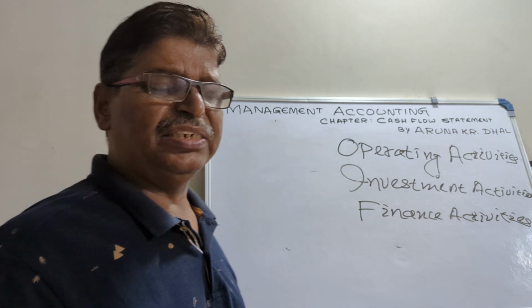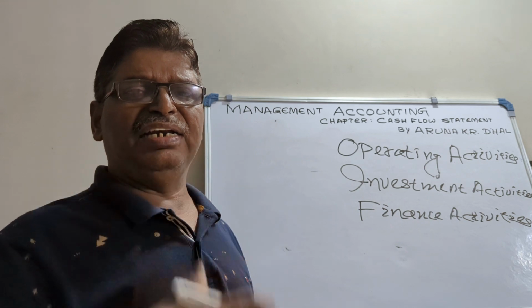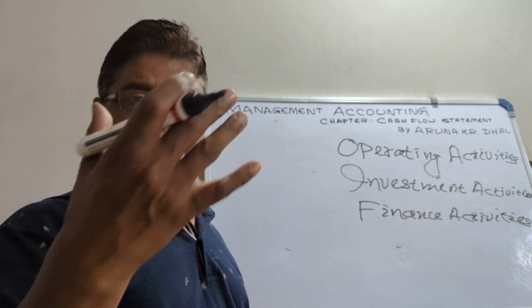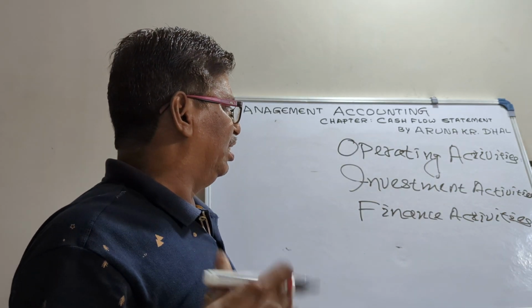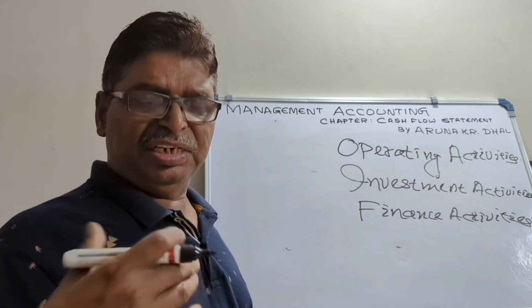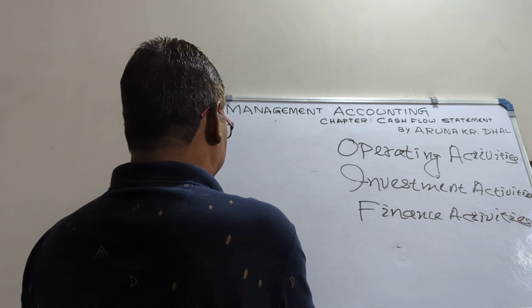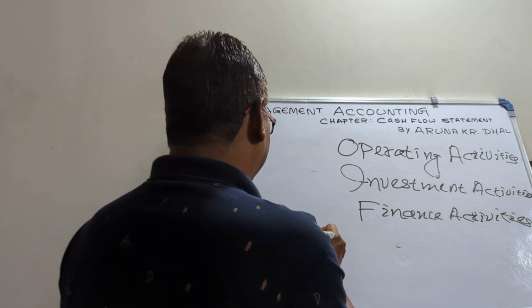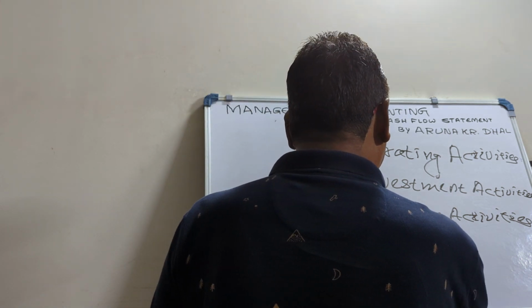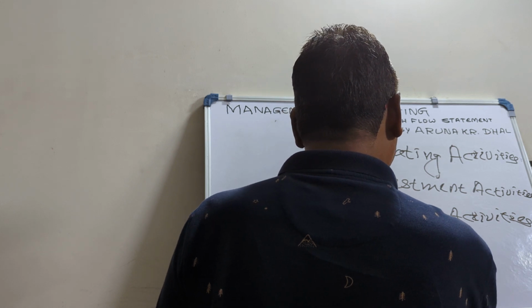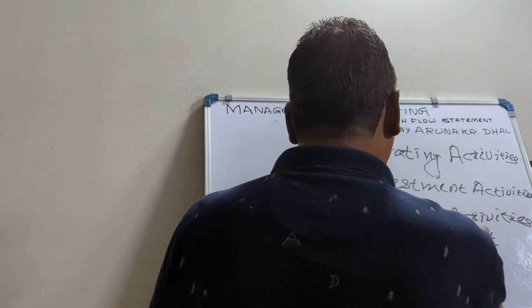Operating activity means generation of cash out of sale and purchase transactions, making payment of all the direct and indirect expenses, and the income received in cash, both direct and indirect. If there is a transaction between cash and cash equivalents, it does not have any effect on the inflow or outflow.